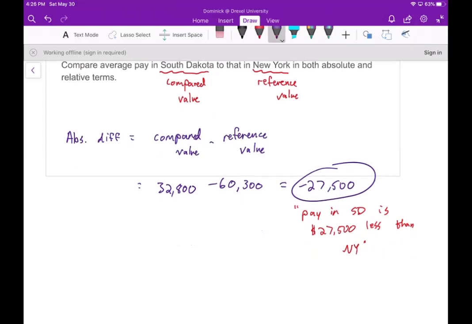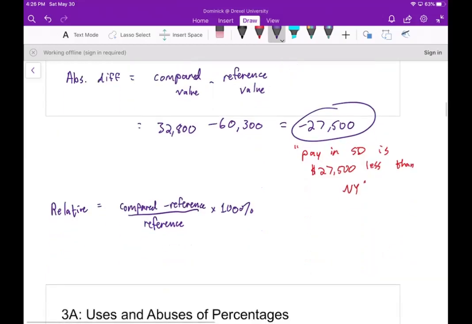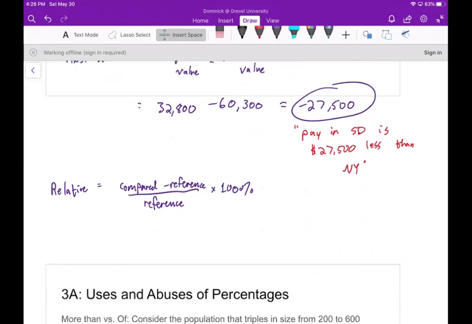All right, and then of course for the relative, that's compared minus reference over reference times 100%. Right, so in this case, let me give myself a little bit more room.